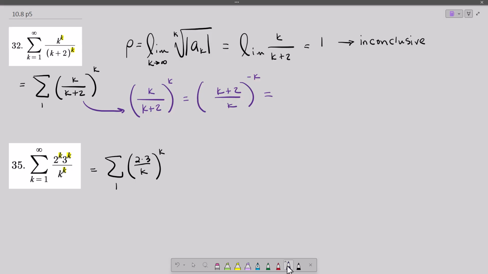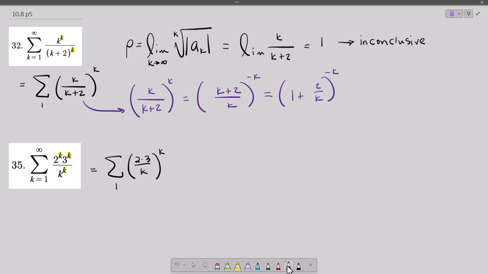Now, in the base, the denominator is a single term, so you can split the fraction. You can make this 1 plus 2 divided by k, all to the negative k. Now, it is in our e form.